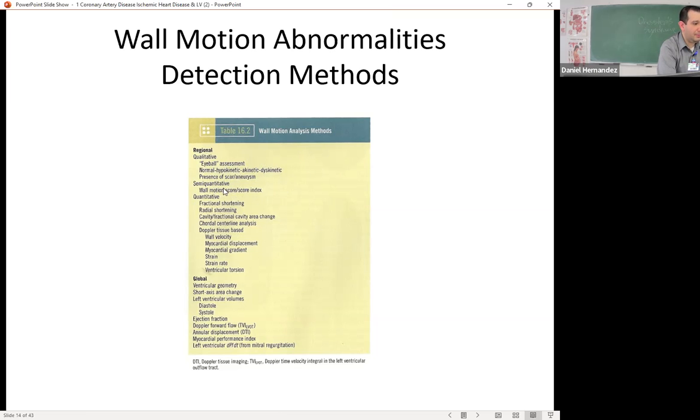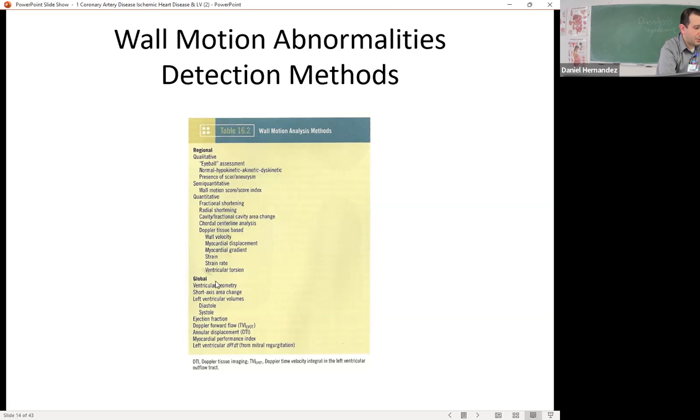Semi-qualitative would now be assigning those wall motion score indexes. So we're taking our qualitative assessment and then creating that wall motion score index, which creates a semi-qualitative assessment. And then we have quantitative assessments of our wall motion abnormalities. That would be our fractional shortening, strain rate, our tissue Doppler, our strain imaging.